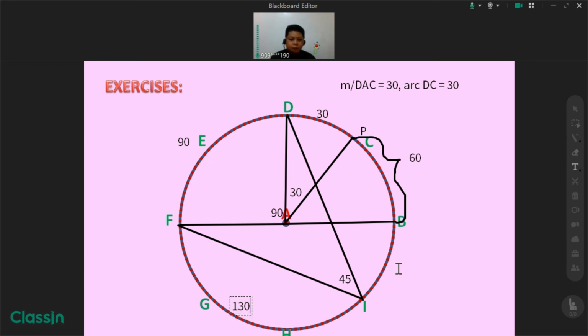What is now the measure of this arc BI? Of course it is 50 degrees to make it 180. So that's how to solve for the measures of angles, inscribed angles, and central angles in arcs on the circle.